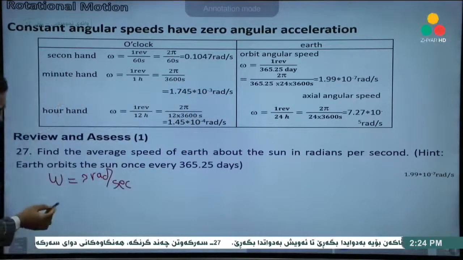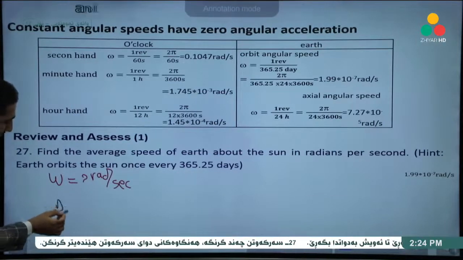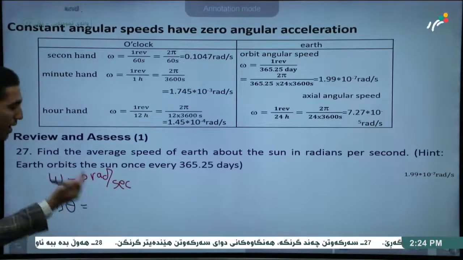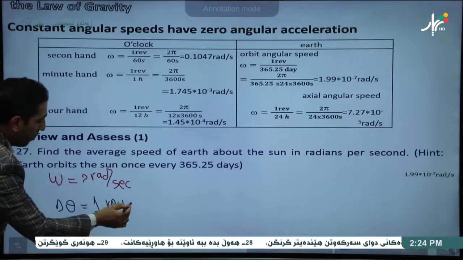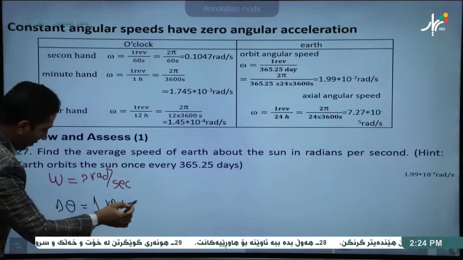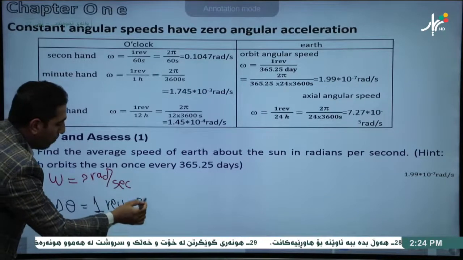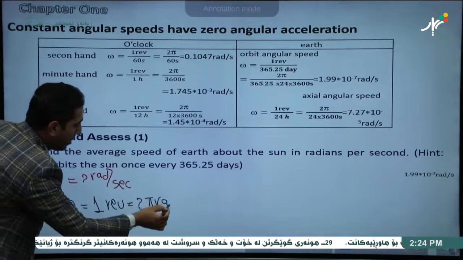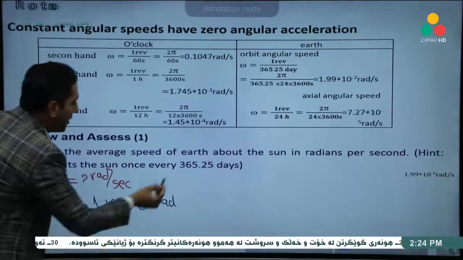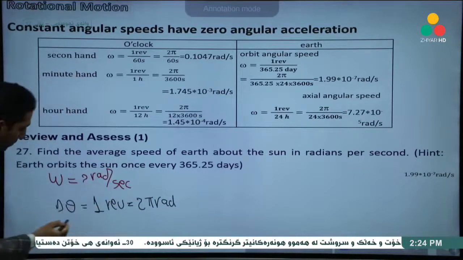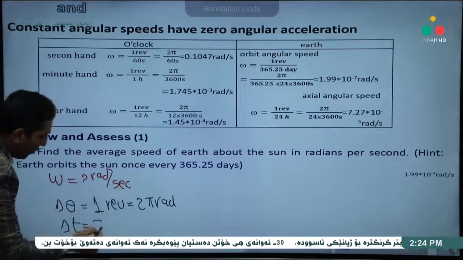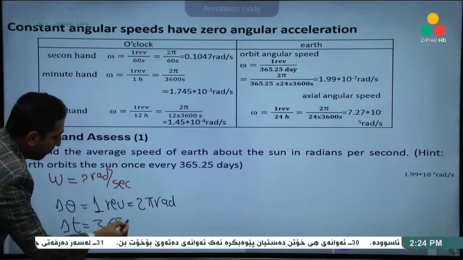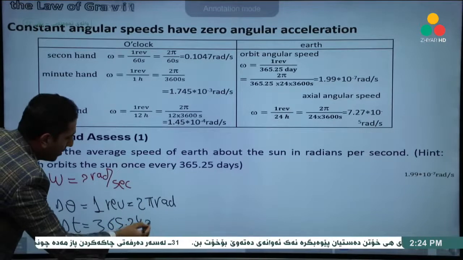You know that delta theta for once, it means 1 revolution, is equal to 2 pi rad. The time interval delta t is equal to 365.25 days.